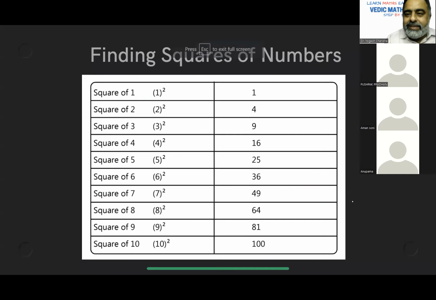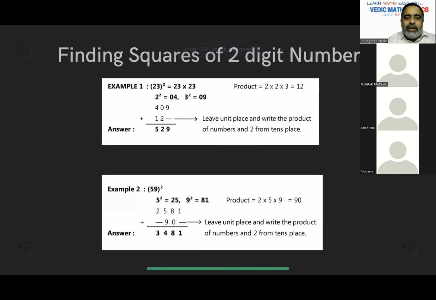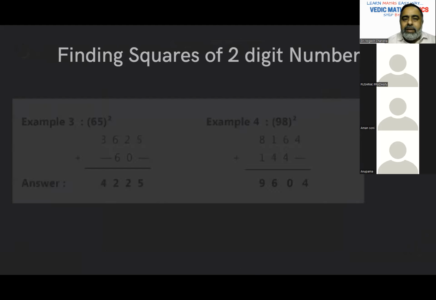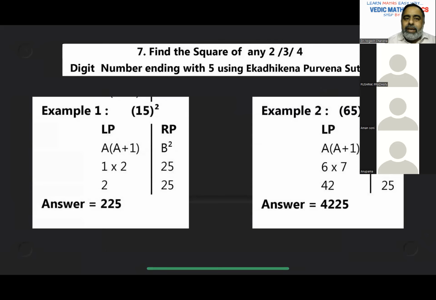So back to the screen. This was the first method, 23 square. So we leave the unit place and write the product of two numbers from the tens place. Correct. So these notes will be available. This was the first concept. The second was square of 2, 3, 4 digit numbers with Ekadhikena Purvena.